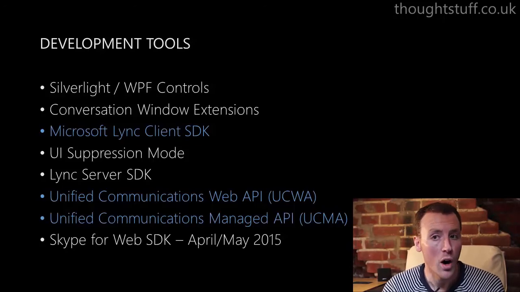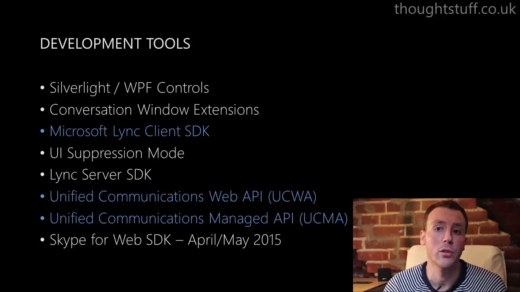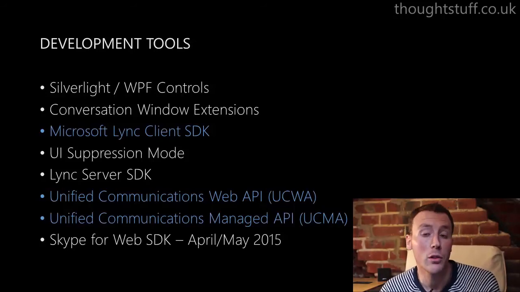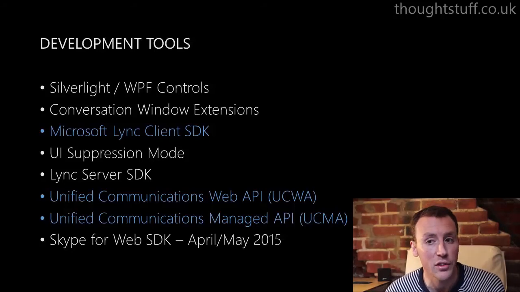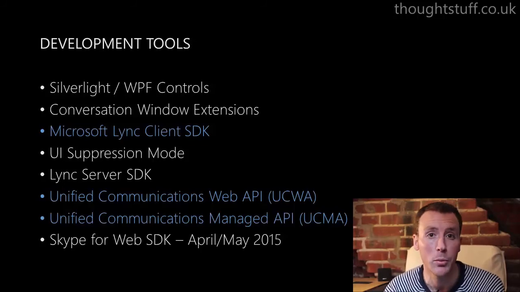UCWA is the web API for Skype for Business. It's the Universal Communications Web API. It allows you to communicate with Skype for Business using just HTTP request and response messages. Although this gives you unparalleled freedom to implement this on just about any platform or device you can think of, in practice it's quite complicated to interface with Skype for Business in this way.